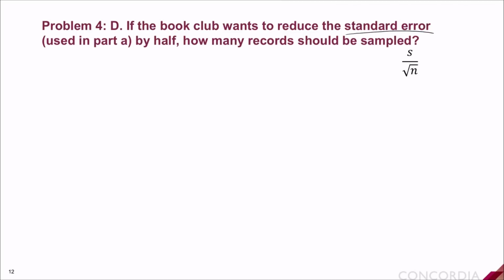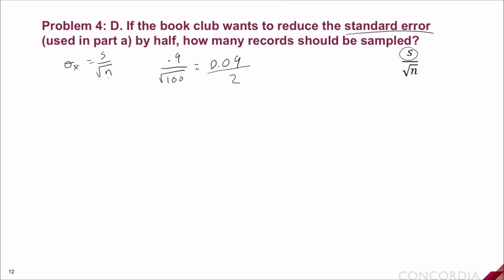Now, the question's not asking about the standard deviation of the sample, but rather the entire population, which we know that we can assume the standard deviation of the entire population is equivalent to the standard deviation of the sample divided by the square root of the sample size. Therefore, in part A, we had 0.9 divided by the square root of 100, which gave us 0.09.